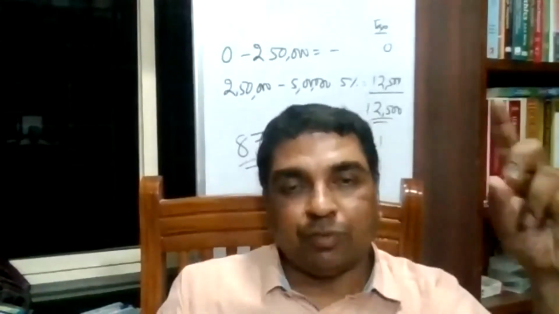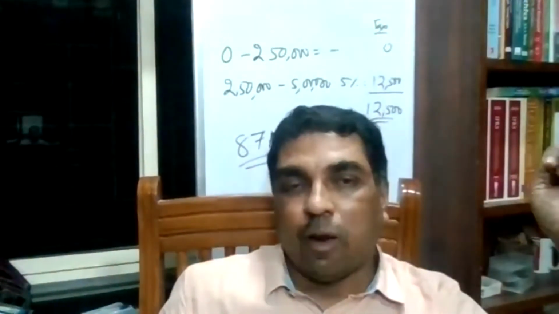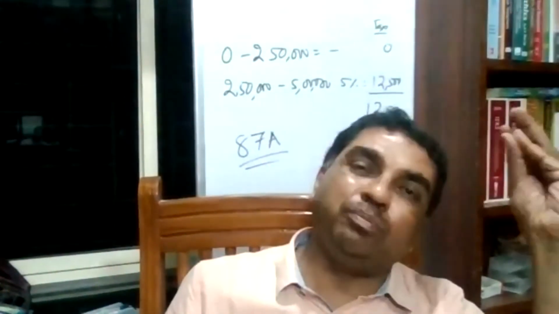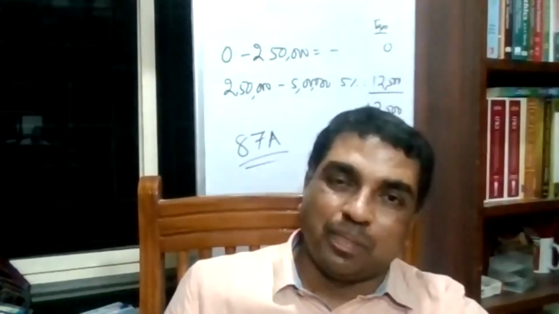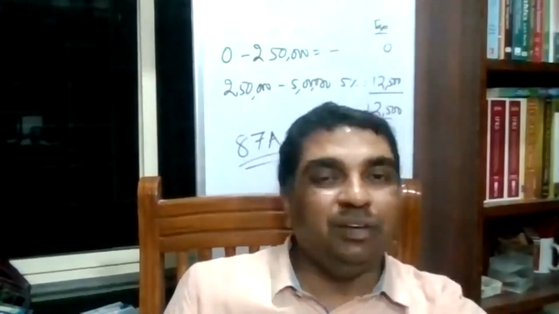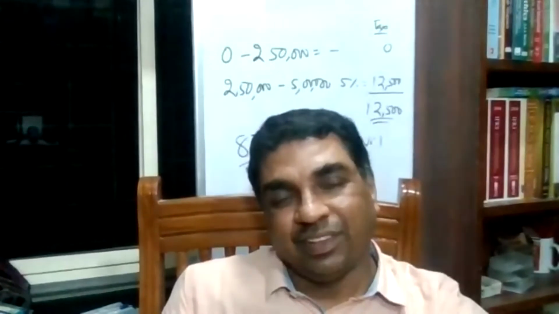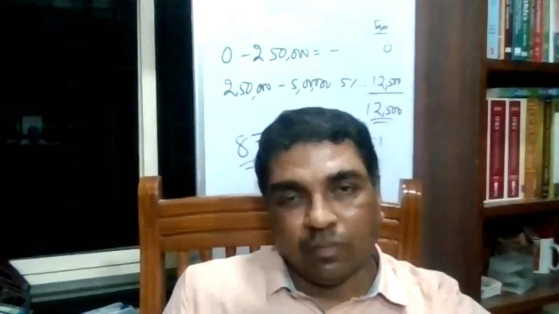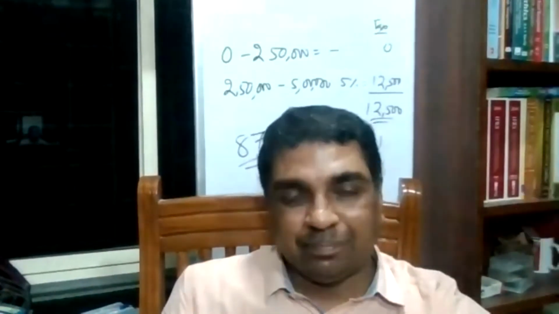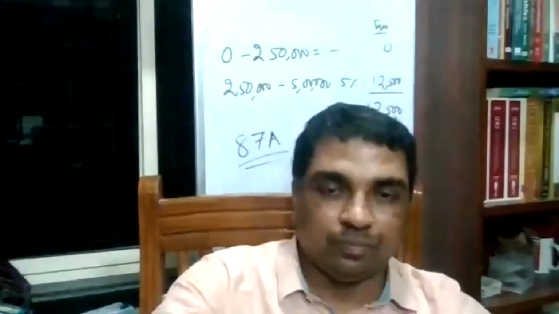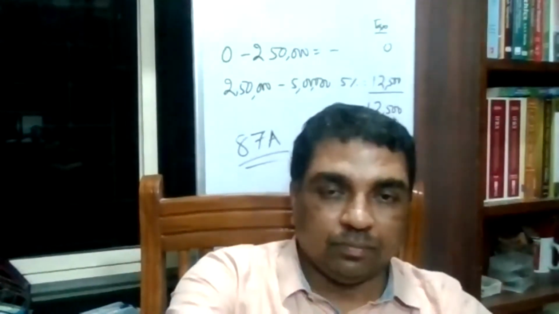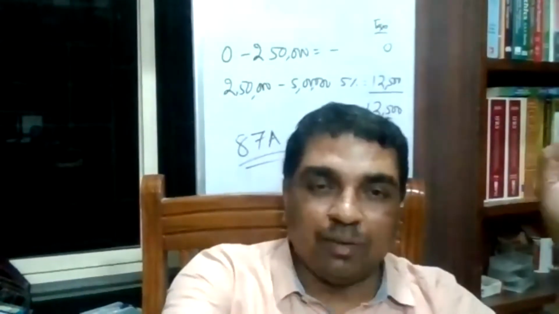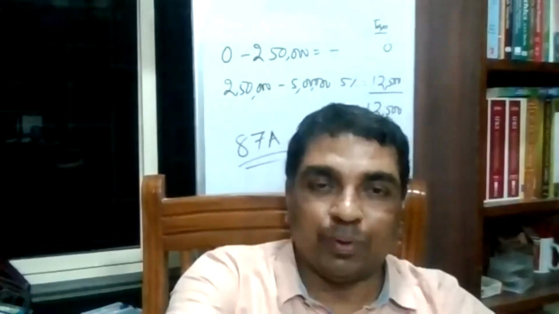Now, the new scheme is better for a person who doesn't have any deduction. Let us say a very senior person who doesn't want to make any investment, maybe he may not be getting any 80C deduction. Then he can go for the new scheme. So it is an optional scheme. But since it is a new concept, a new scheme, from an exam point of view it is definitely important.